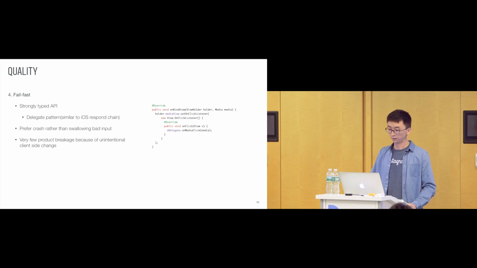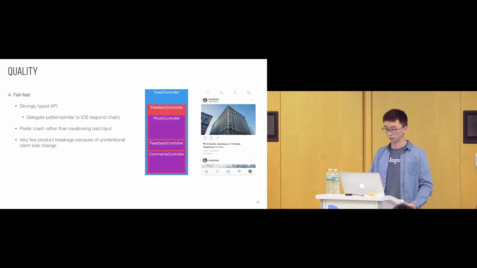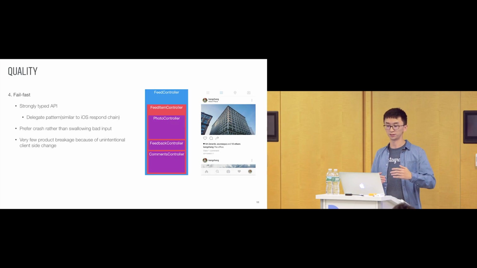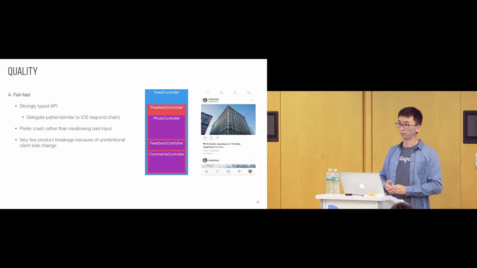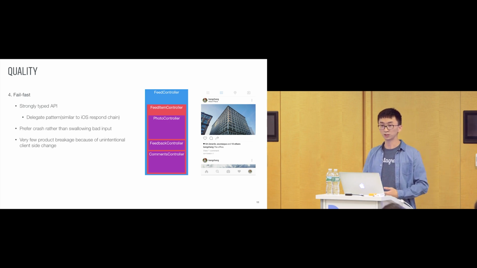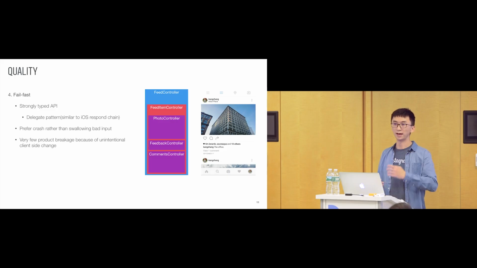The thing worth noting here is that the delegated class is strongly typed, the on media click is strongly typed, and the media object we pass back is strongly typed. If you think about the structure of our app, your view controller classes should always look like a tree. Small controllers compose the big controllers. Because of this delegated pattern, the big controllers composed of small controllers have to implement the delegated interface defined by the small controllers.